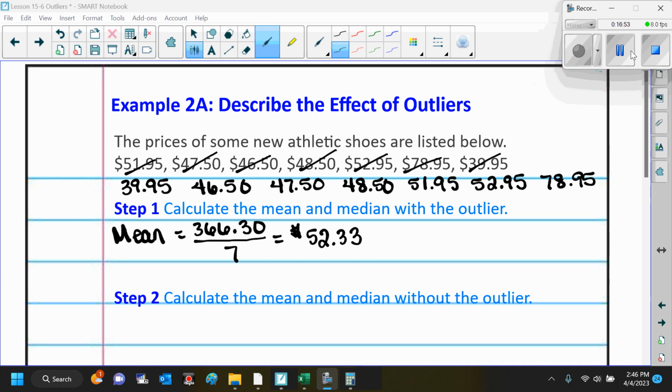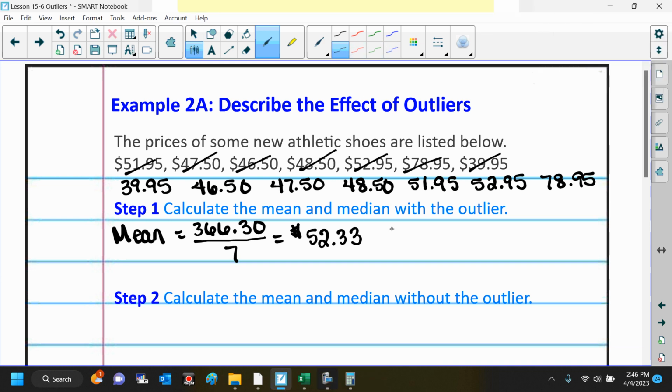So now we want to find the median. Remember, that's the middle number. So right now, with an outlier, and we're just assuming there's an outlier in there because we have to do it with the outlier and without the outlier. So let's see. The middle number, there's 7, so it's 1, 2, 3, and one more.